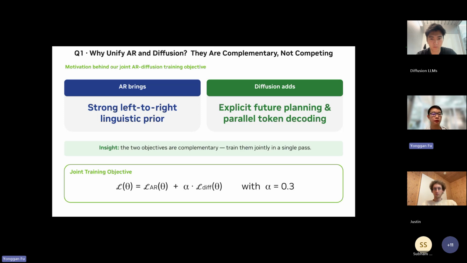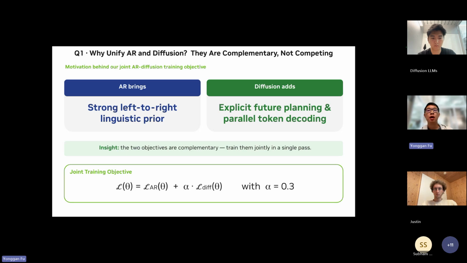So when you're predicting the first token in AR mode, it already needs to plan for the future for a while, so that you can ensure the fidelity of your generation. But this is something implicitly learned instead of explicitly trained during your training process. And that's something AR language models miss, that is, an explicit future planning training loss.